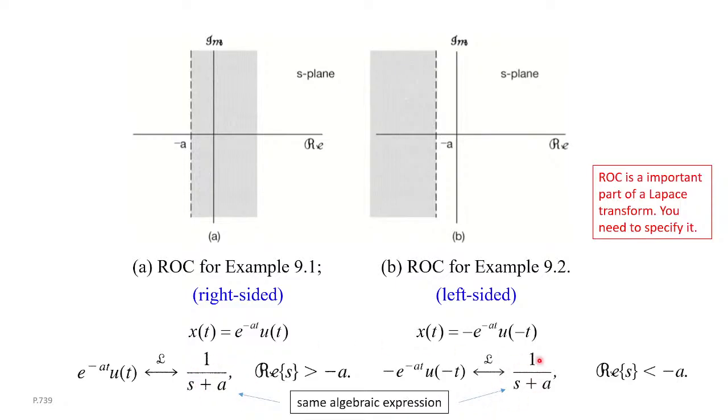You see, those two things have the same expression here, but they have different regions of convergence, and that gives them different functions in the time domain. And so when you write down the Laplace transform of some function, you always need to specify the region of convergence. Okay, I'll stop here for a second because it's really important.